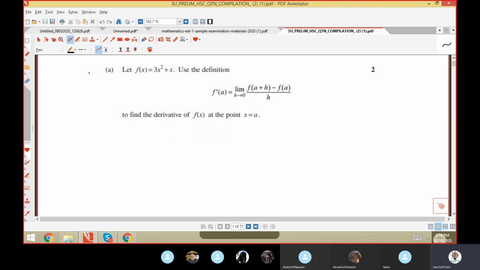You guys probably know it as f of x plus h minus f of x on h. It says you have to use the definition to find the derivative, so you can't just differentiate.